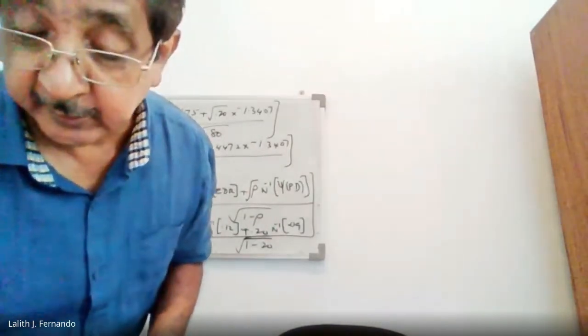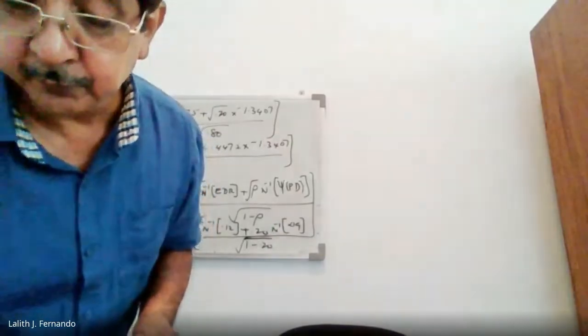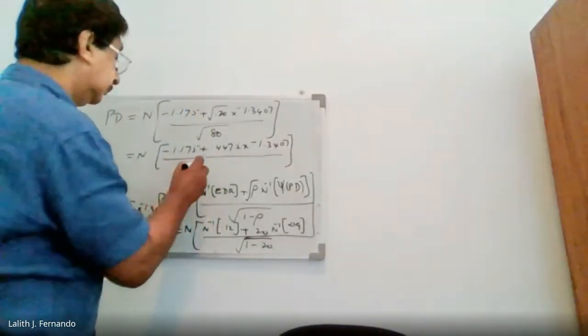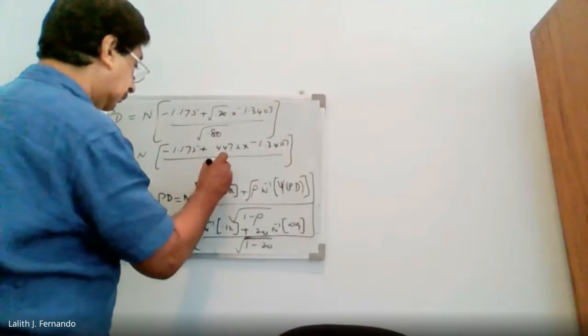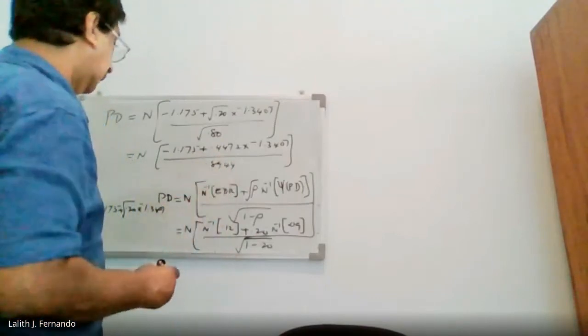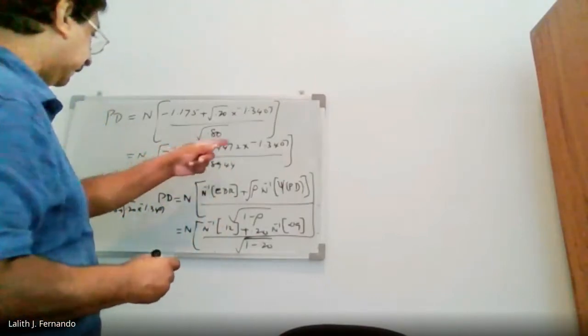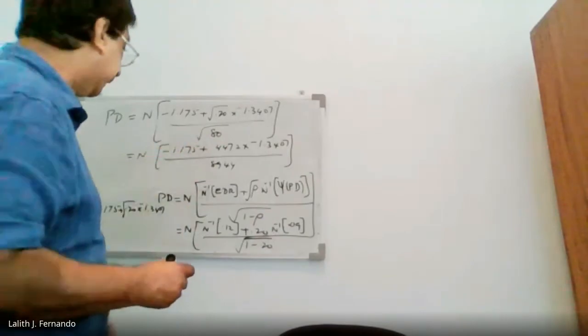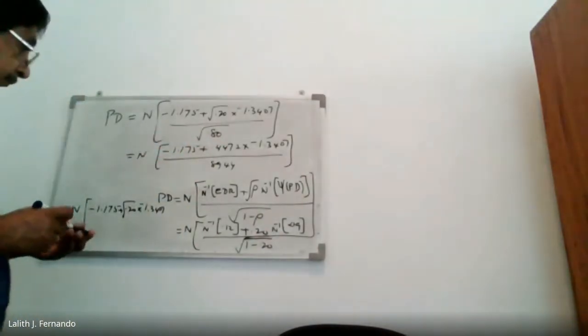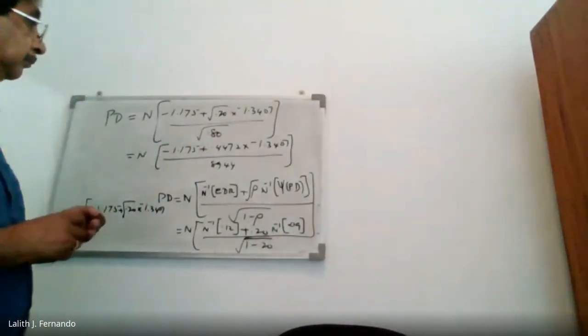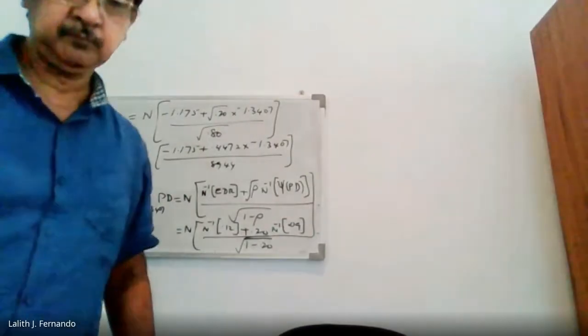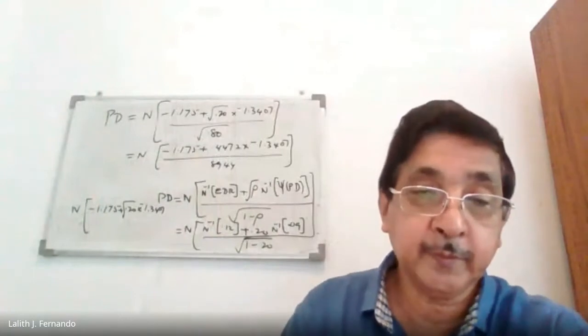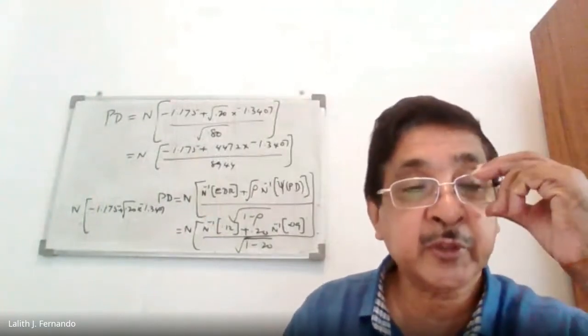Square root of 0.8 is 0.8944. Now you would get a minus value here. Is that okay? Any confusion with the values?